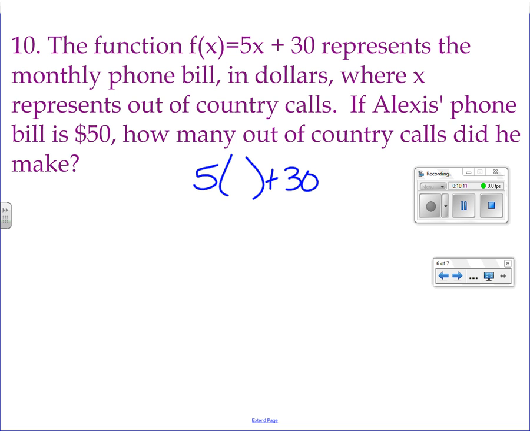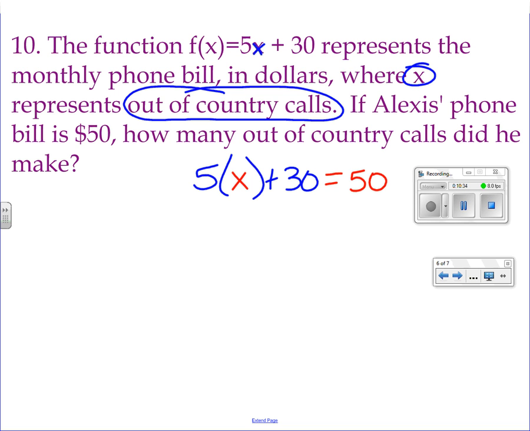You've got to double check, since it's a word problem, what x is. So x is out-of-country calls. How many out-of-country calls did he make? We don't know. So we're just going to have to leave it in x. Well, what do we know? We know his phone bill is $50. That's how much he had to pay total.